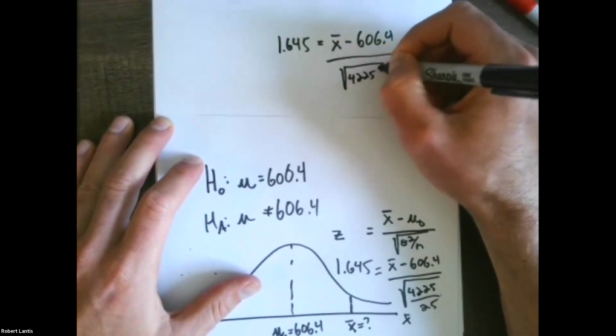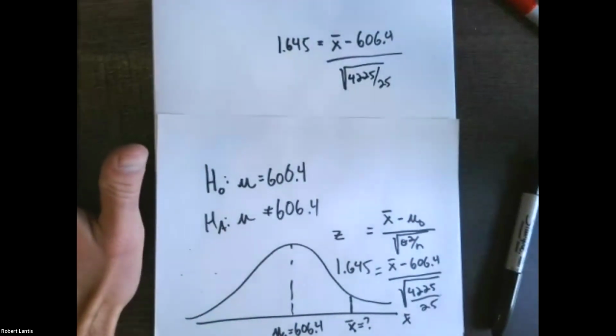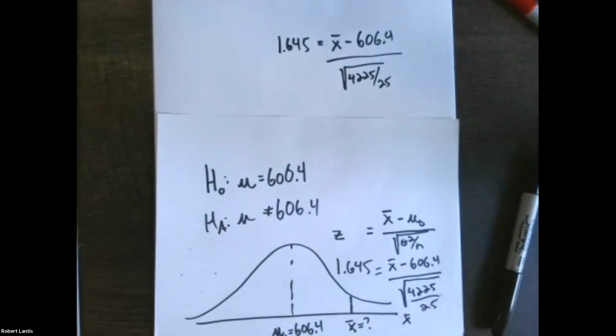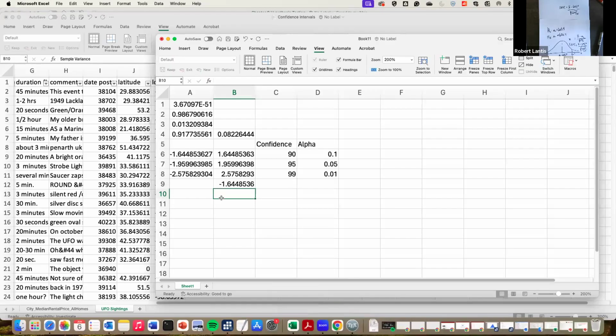So if I actually do this math first, I'm going to do this in Excel. So the square root of 4225 divided by 25 is 13. Okay.